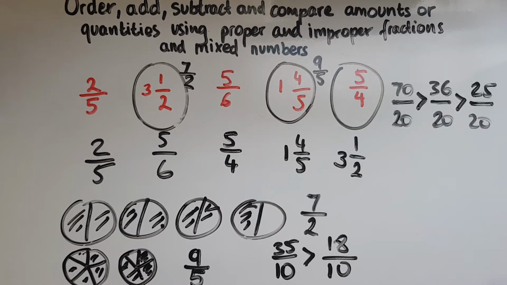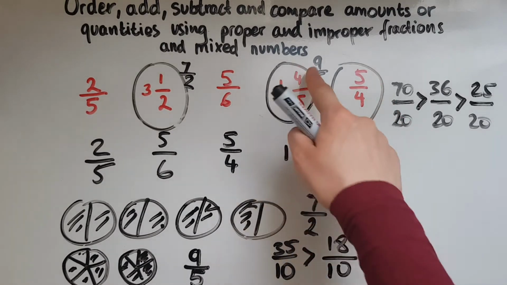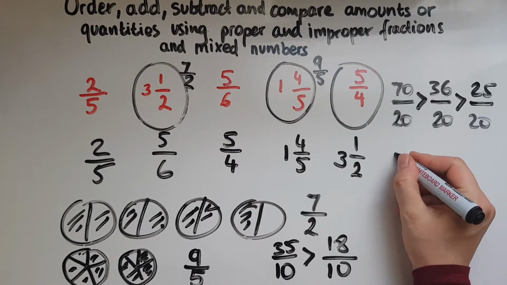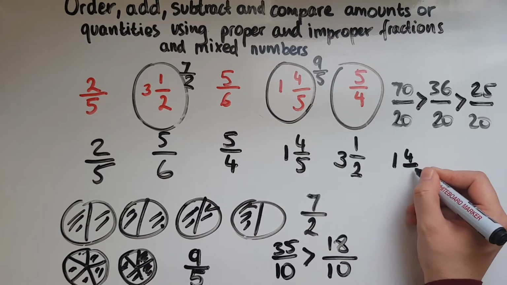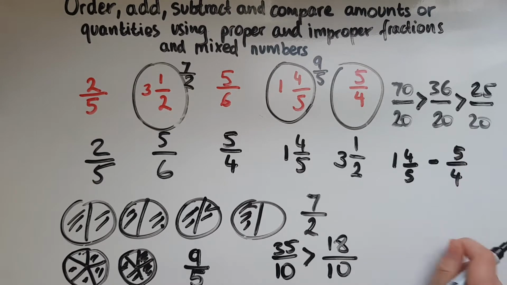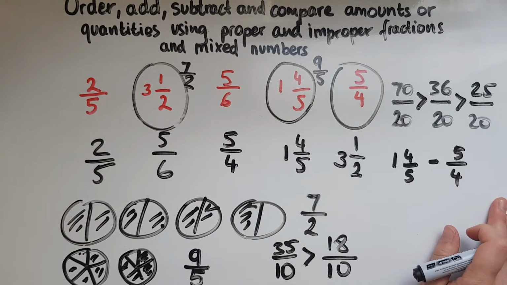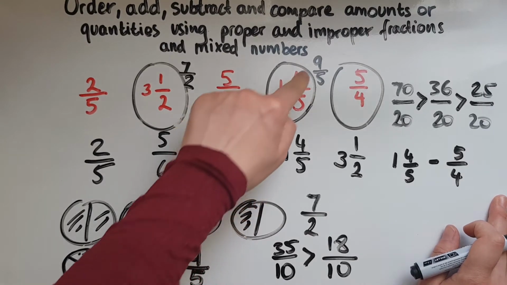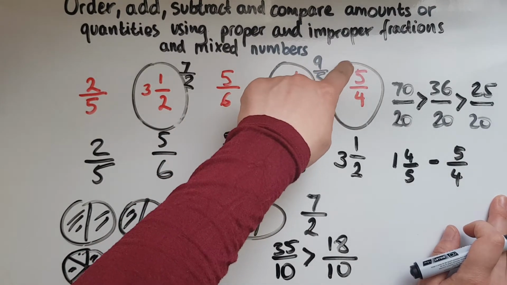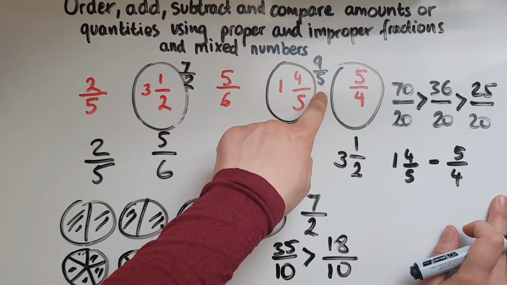So if I want to subtract 5/4 from 1 and 4/5, so 1 and 4/5, take away 5/4, I would just convert them like I did into improper fractions. So that was 9/5, and that was 5/4, and then bring them to have the same denominator.